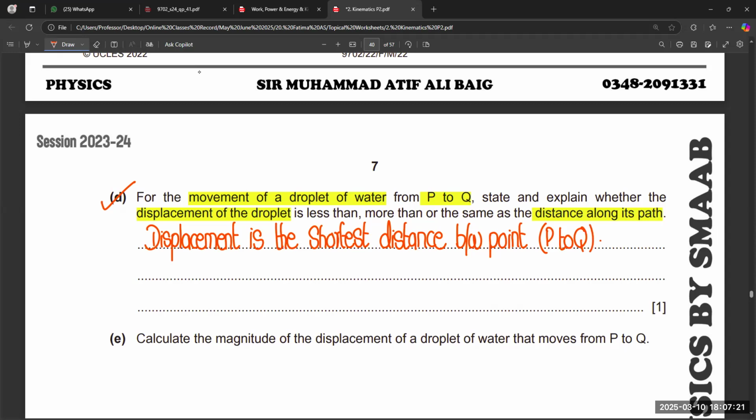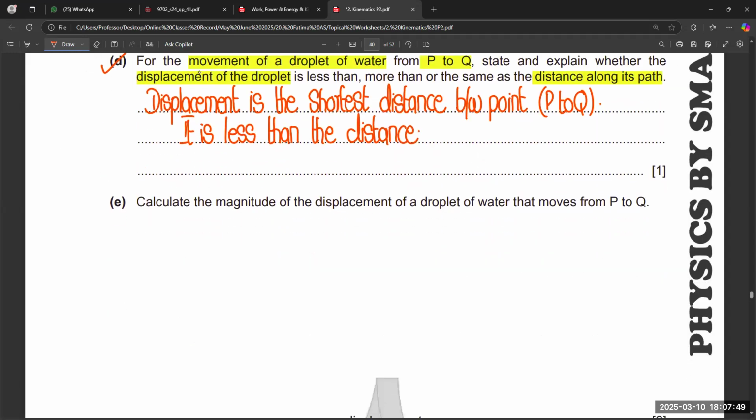Between P and Q, displacement is the shortest distance and it is less than the distance.